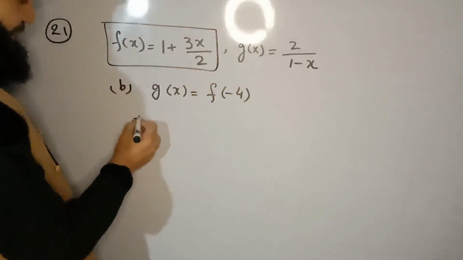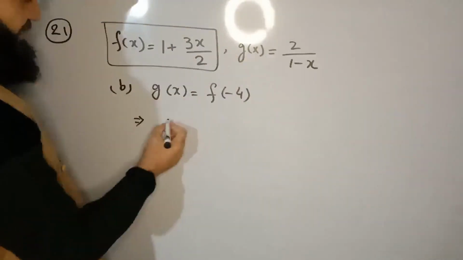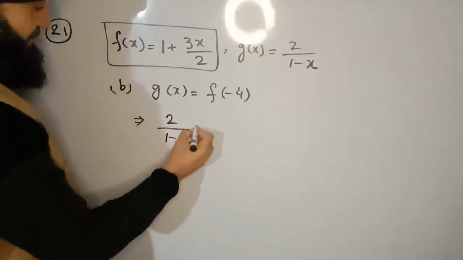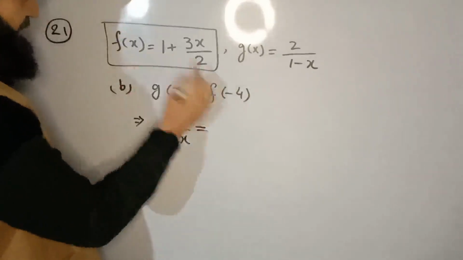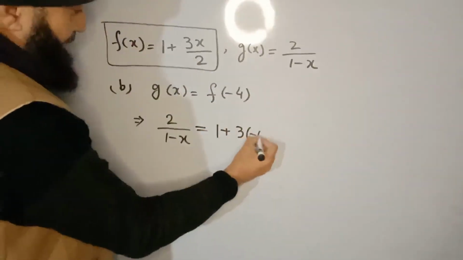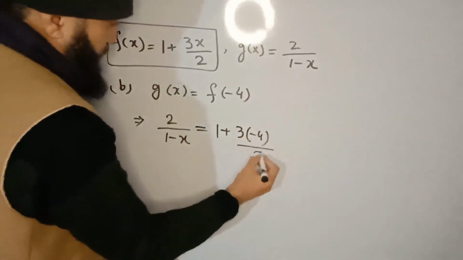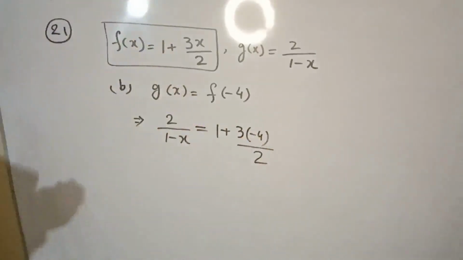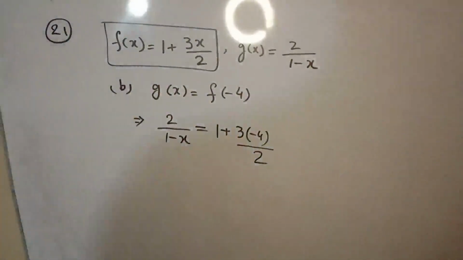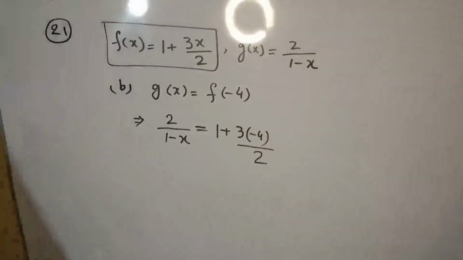So this implies, what is g of x? G of x is 2 over 1 minus x is equal to, f of minus 4 is 1 plus 3 into x, which is minus 4, divided by 2. That's it. Now we have a simple linear equation, and we have to solve it. Look here.